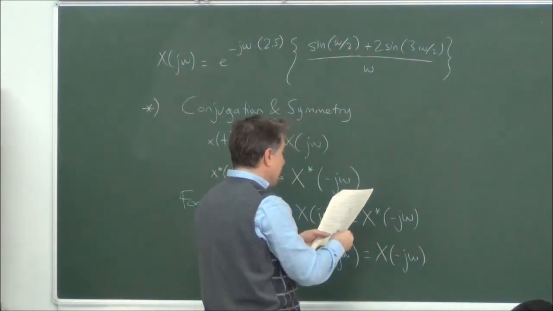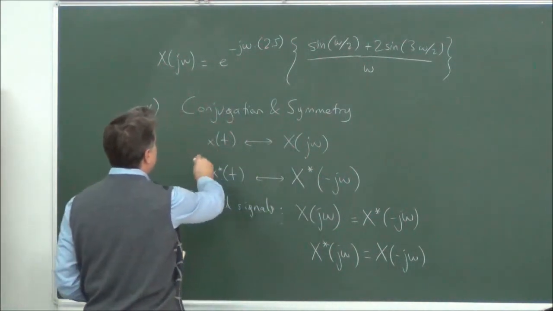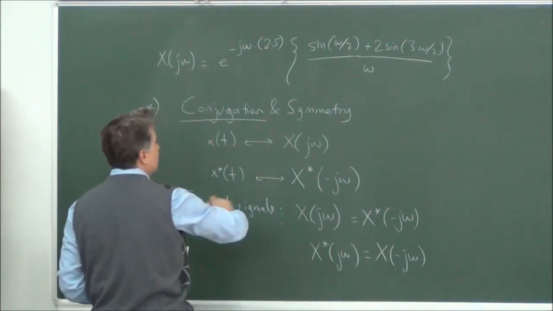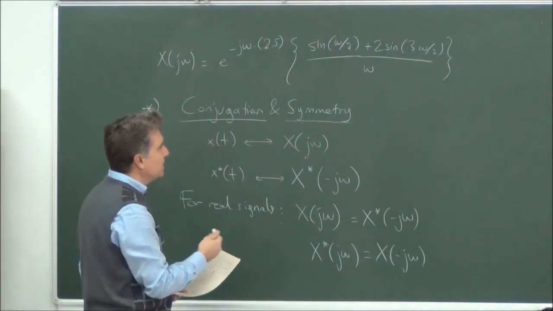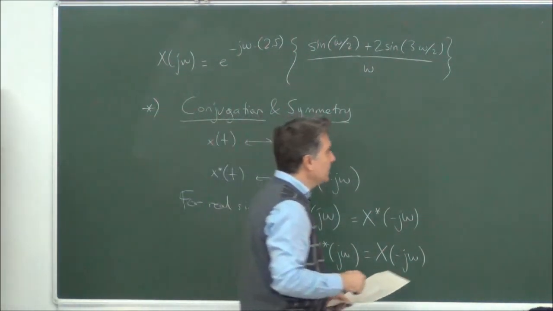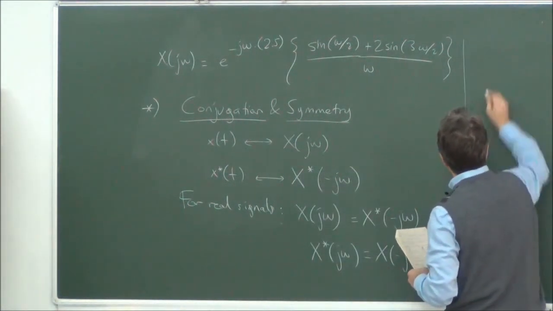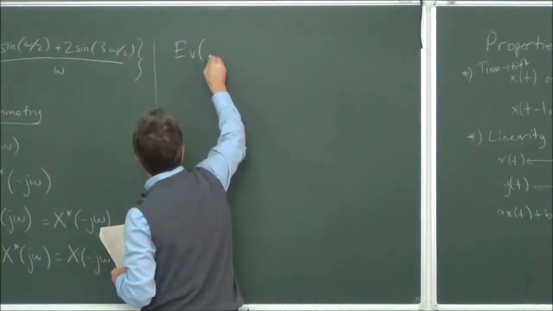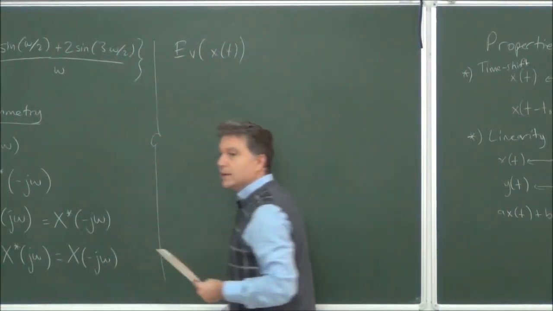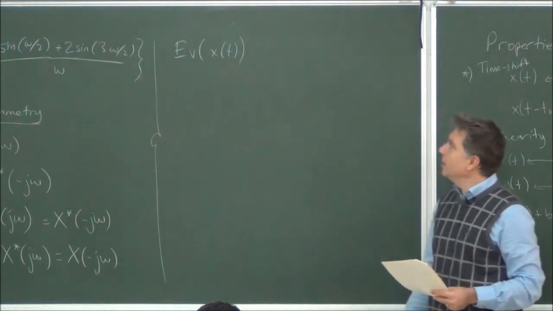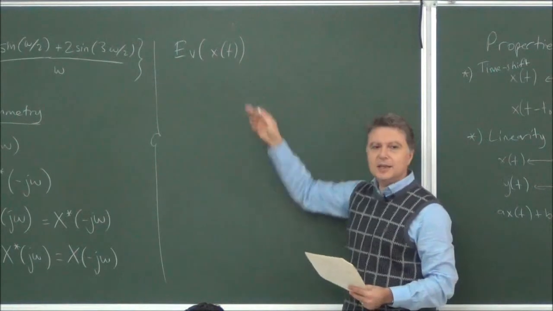Sorry. Now, this is about the conjugation part. We have covered the conjugation part. Now let's cover the symmetry part, or you may think of it as a separate property if you wish. It is like this. If your signal is symmetric, by the way, to obtain a symmetric signal from any signal is by taking the even part of it.